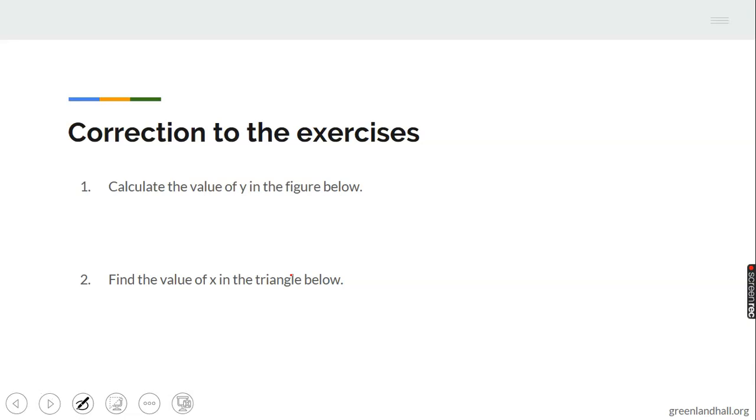Okay, we have to calculate the value of y in the figure below. This is the figure. It is a right angle triangle with this side to be y and this is 17 centimeters with angle 50. That is the first one.